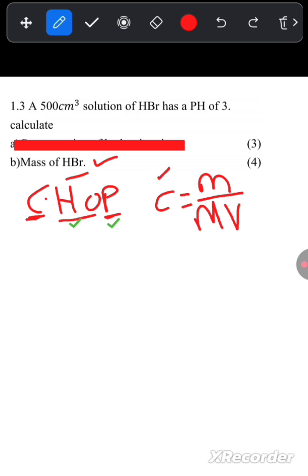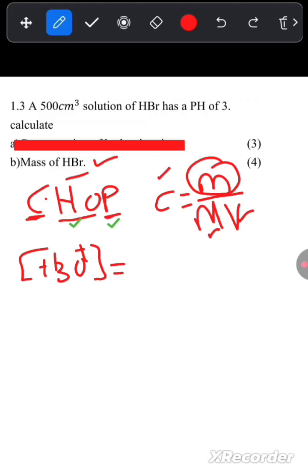So I will be having concentration, molar mass, and volume. So I just calculate the mass. Right, so let's find the concentration. Previously we calculated the concentration of hydronium ions as 0.001 mole per cubic decimeter.